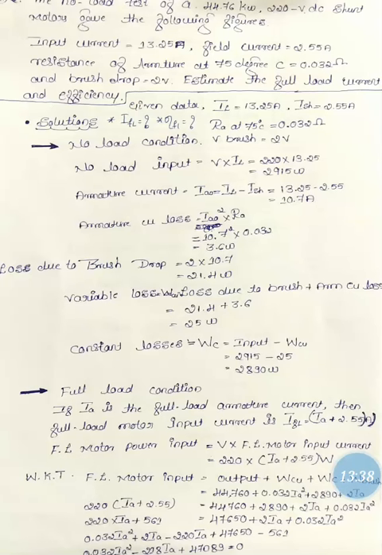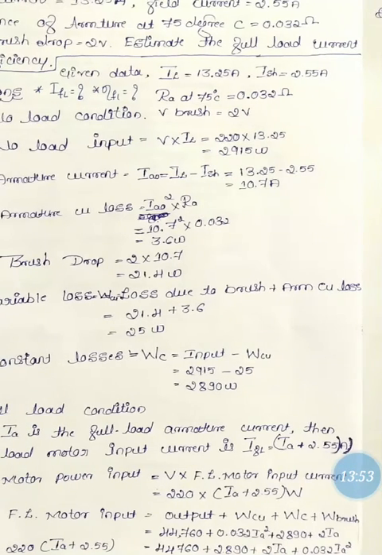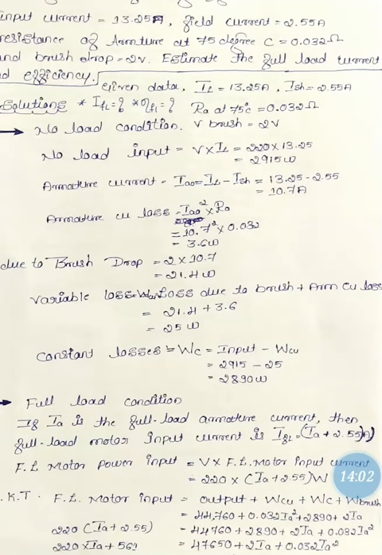So in full load condition, if Ia is the full load armature current to be considered, then the full load motor input current IFL is equal to Ia plus 2.55 ampere. Here the full load armature current is not given, so we assume the full load armature current as Ia.